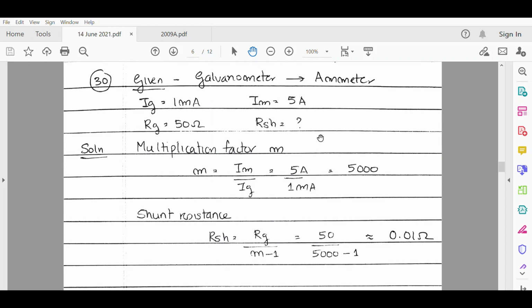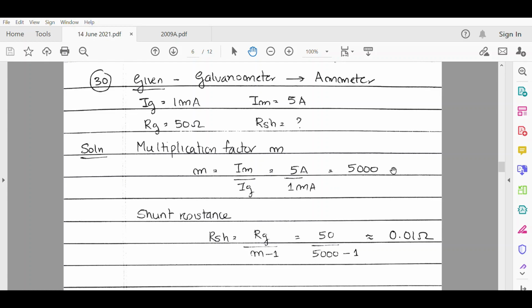Now first we determine the multiplication factor or the multiplying power M, and that is defined as the maximum value of the current that is to be measured divided by the meter current, and that is nothing but 5 ampere divided by 1 milliampere, and the multiplication factor is obtained as 5000.